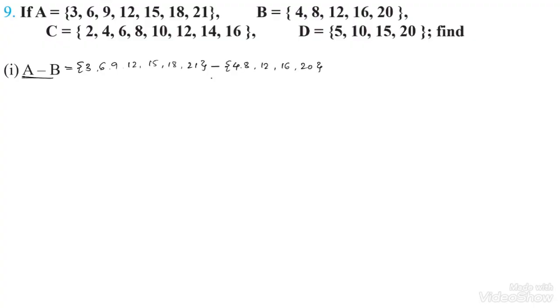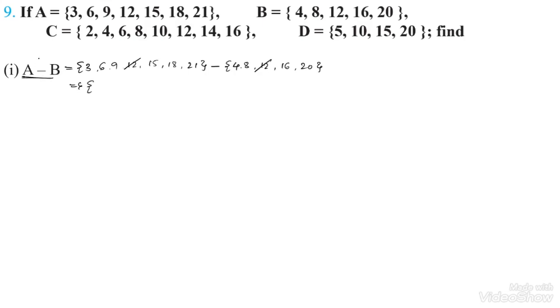In between these two sets, for the difference, first I have to neglect the common elements. What are the common elements? Here 12 is the common element. So I have to neglect the common element first. After that, I have to write the elements of A only.